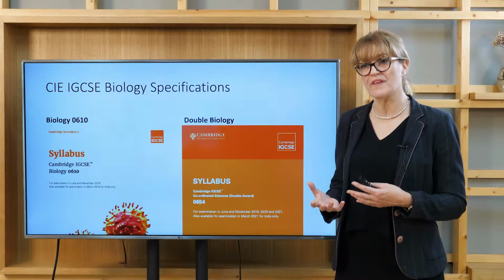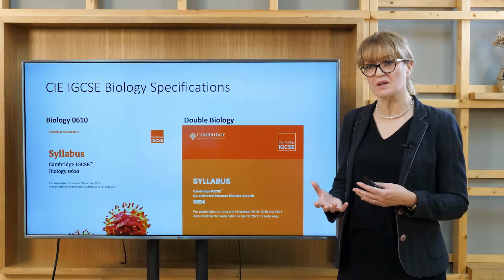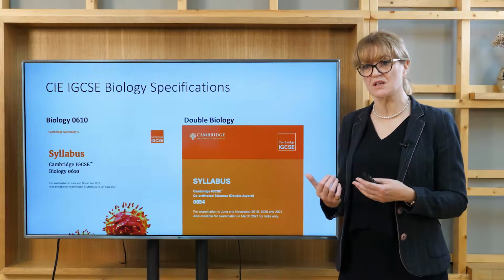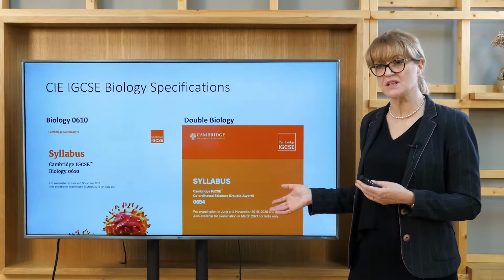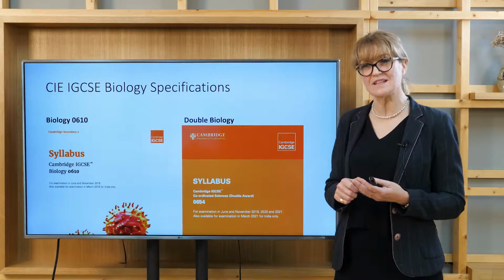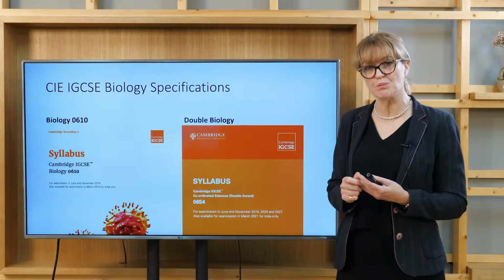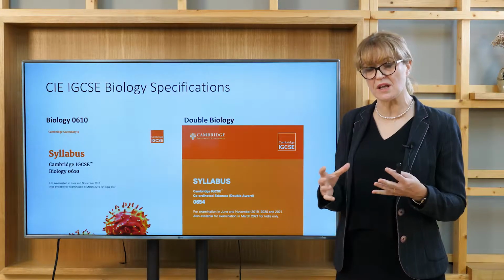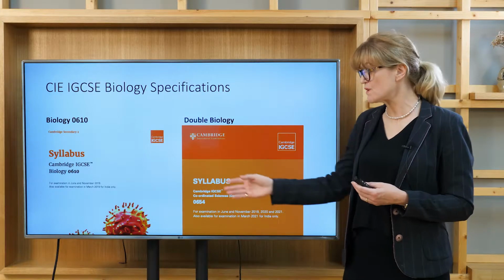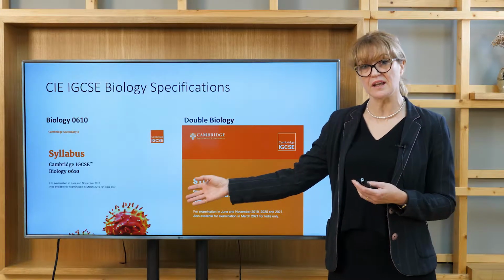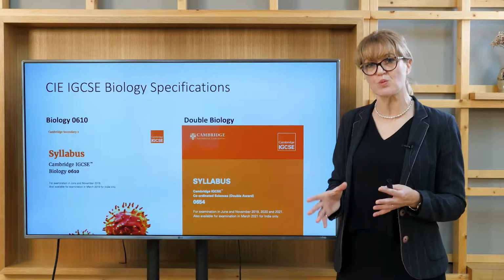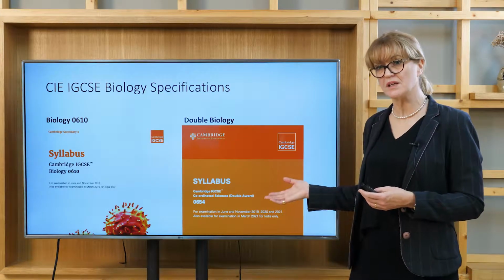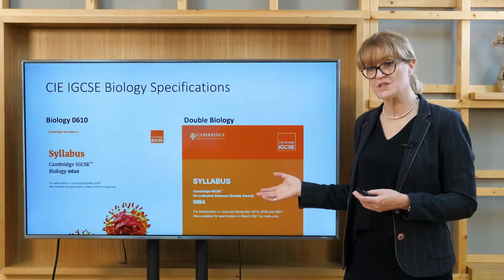Double biology, this particular syllabus, is a mixture of physics, chemistry and biology taught within a particular specification. Whereas the one that we teach here at NLCS is strictly biology, and that's 1 GCSE, and this one is effectively 2 GCSEs.